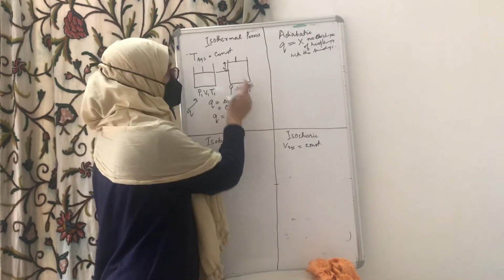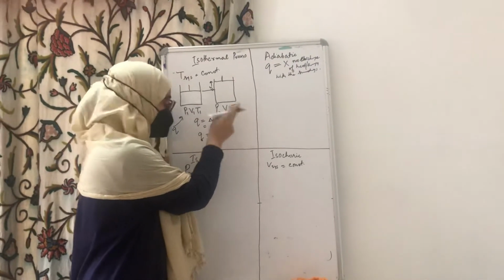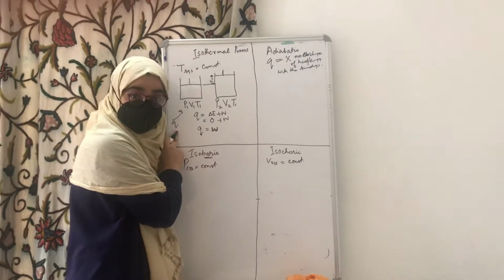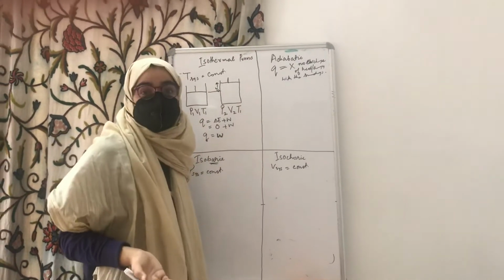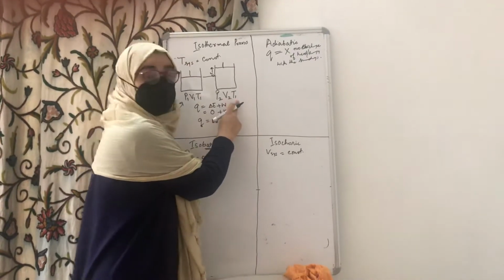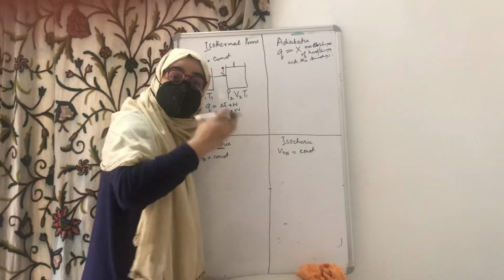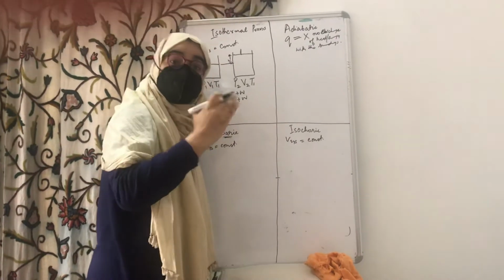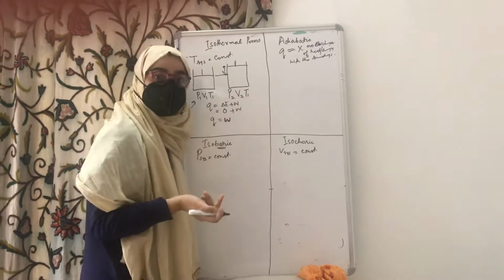So when the system goes from initial state to final state upon absorbing external energy, temperature remains constant, pressure and volume have to change, right? Because temperature is remaining constant, internal energy cannot change. So the entire heat has to be spent on the work done by the system. Therefore, pressure and volume have to change, right?